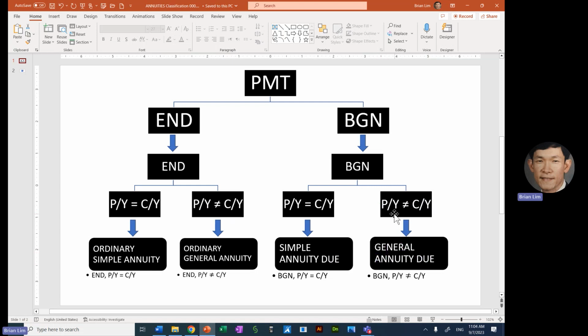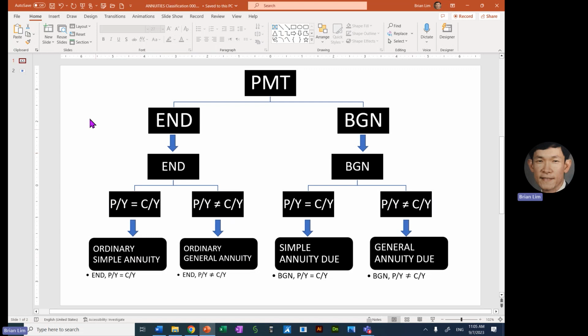So general really refers to when PY and CY are not equal. Simple refers to when PY and CY are equal. And annuity due is when payment is made at the beginning of the payment period, and the ordinary annuity is when the payment is made at the end of the payment period.